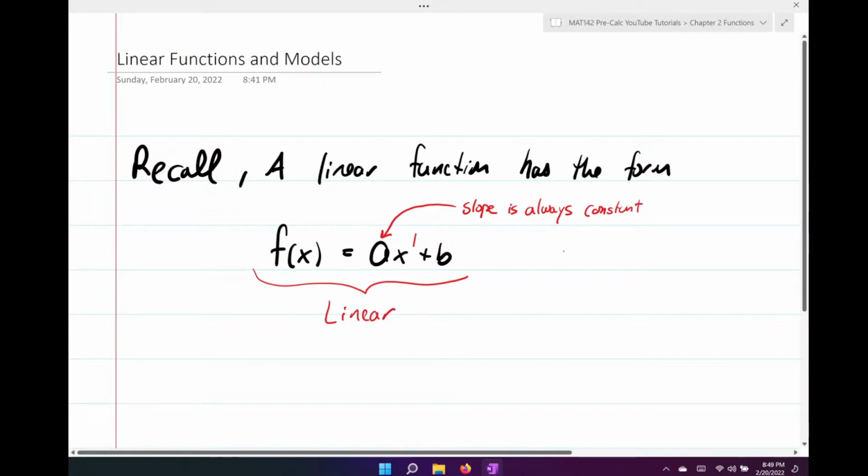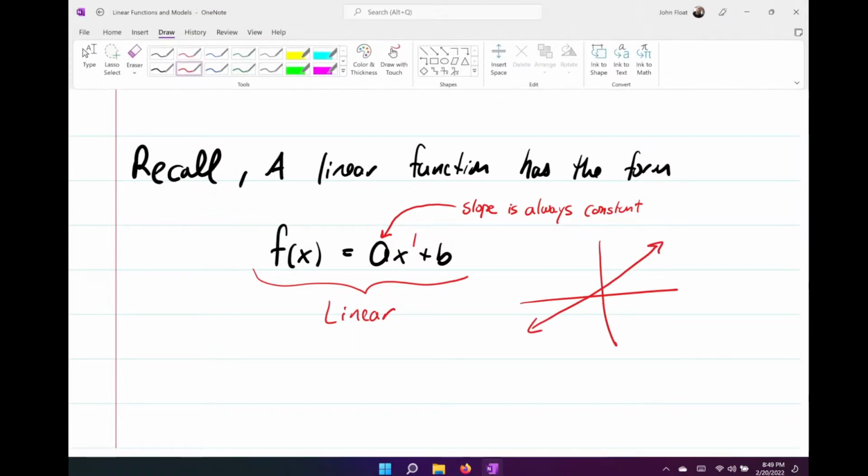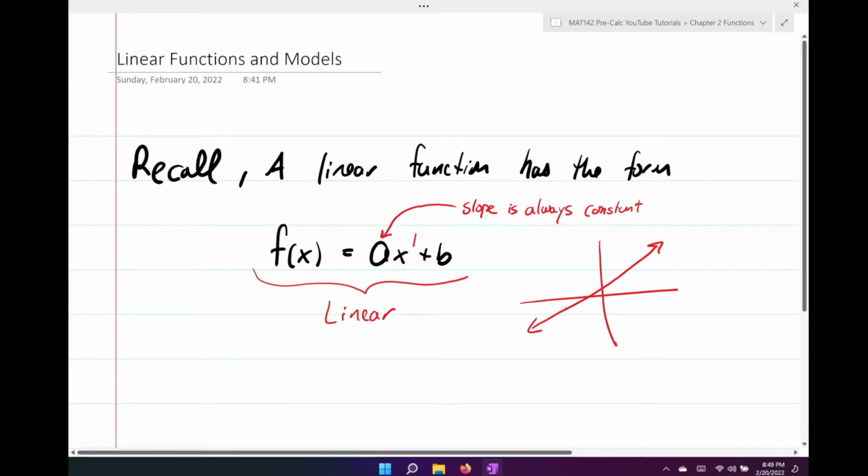We could verify that just by looking at a graph of a linear function, and notice that no matter what you do, it's always going to be rise over run to get to your next point, and then rise over run to get to your next point, and rise over run to get to your next point. This is constantly going to be the exact same thing. So that's what makes linear functions extremely important, because we can easily identify future predictions.